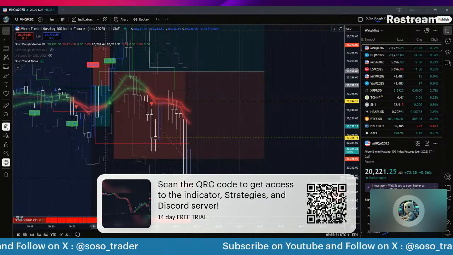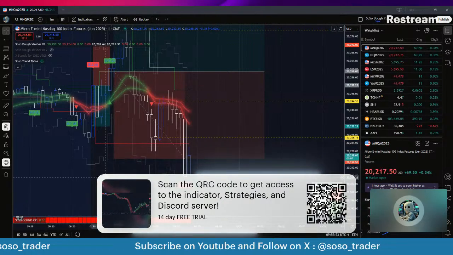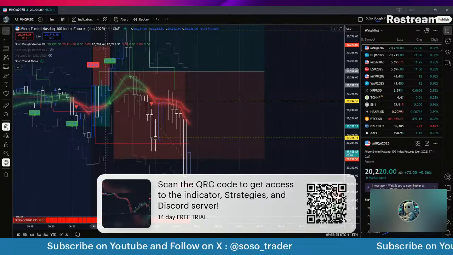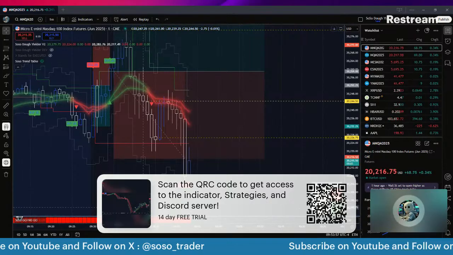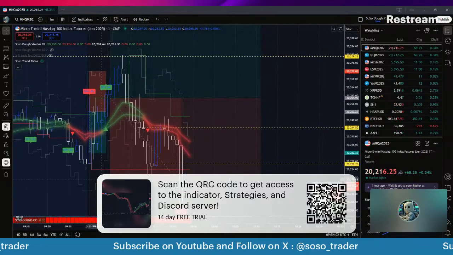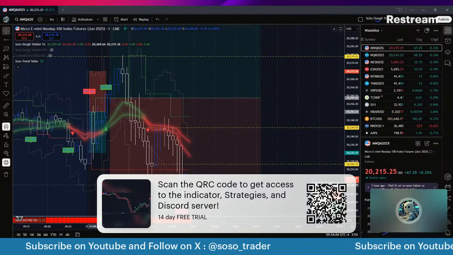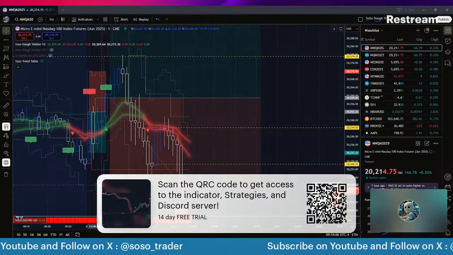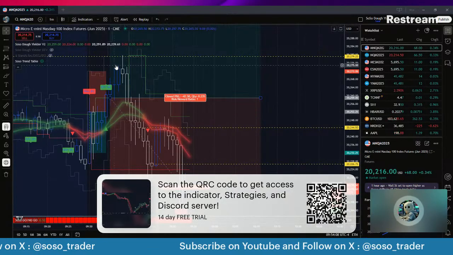Whenever there's a trend shift, or not a trend shift because it's not really measuring trend, but whenever there's a shift in this lower indicator, I've basically been putting a yellow line at the close of that candle.